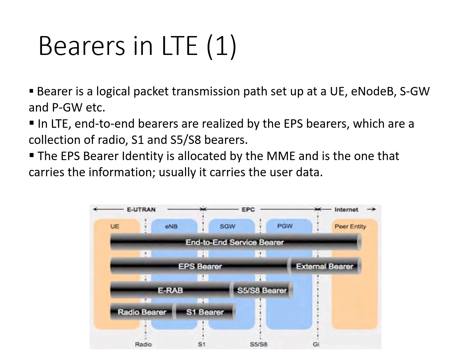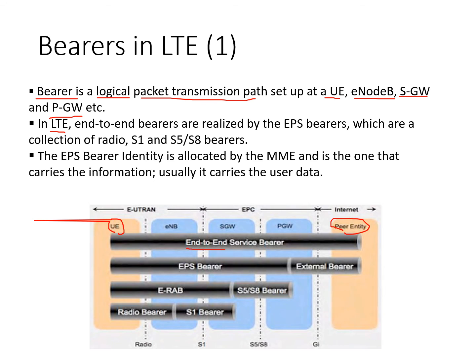Okay, bearer in LTE. Bearer is a logical packet transmission path set up at UE, eNode B, serving gateway, and the PDN gateway. In LTE, end-to-end bearers are realized by EPS bearer. So this is whole from UE and peer entity.